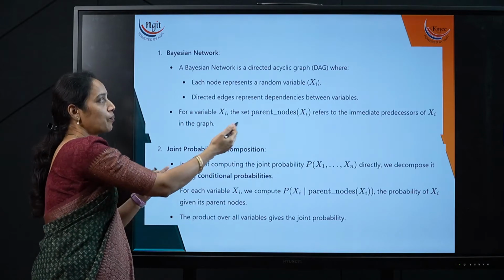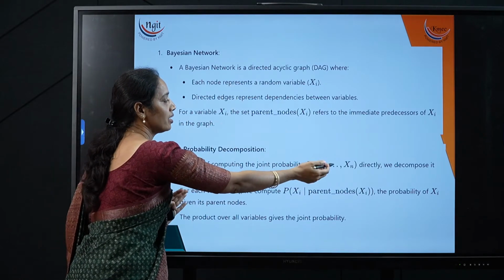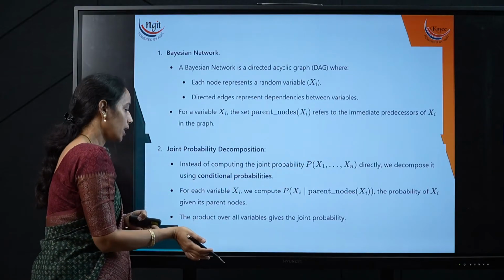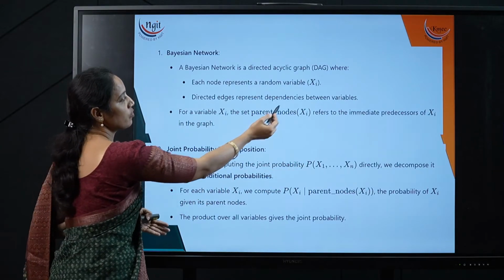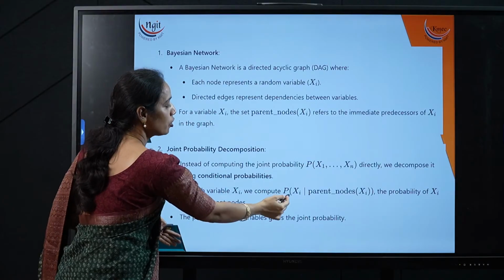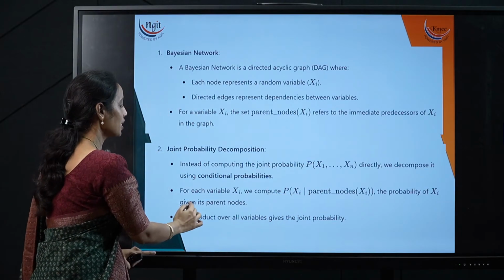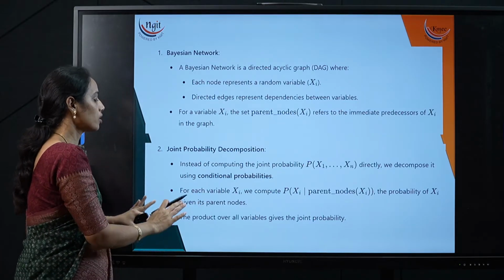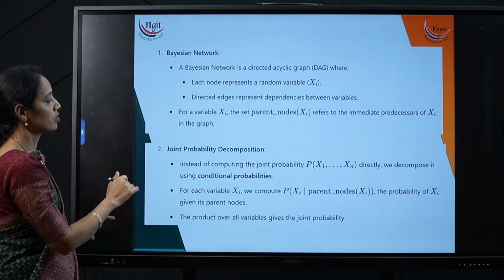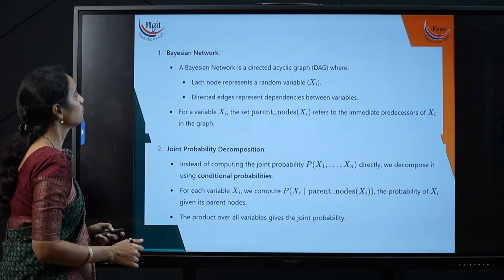Instead of computing the joint probability directly, we decompose it into conditional probabilities. For each variable xi, we compute the probability of xi given its parent nodes. The product over all these variables gives the joint probability.